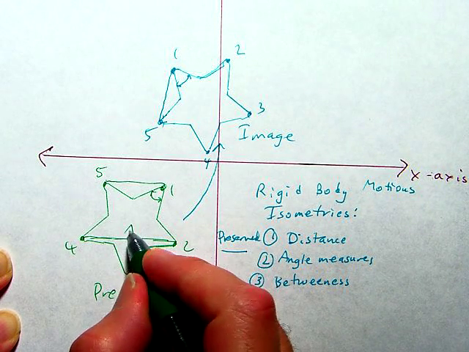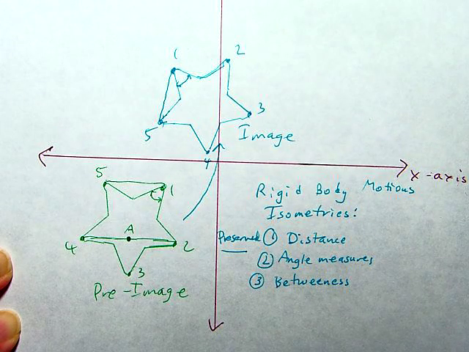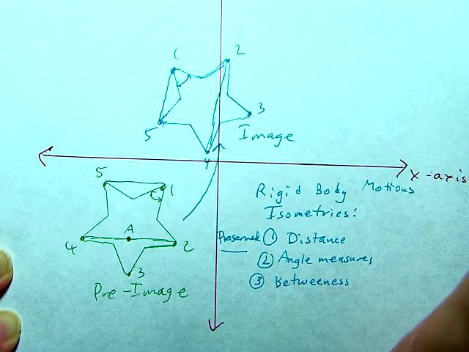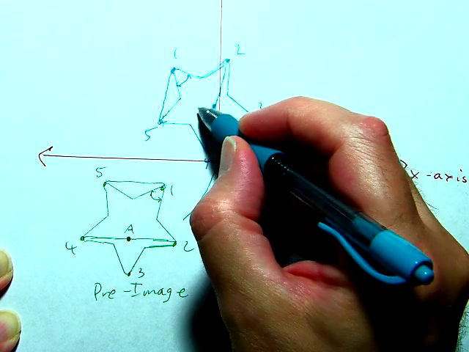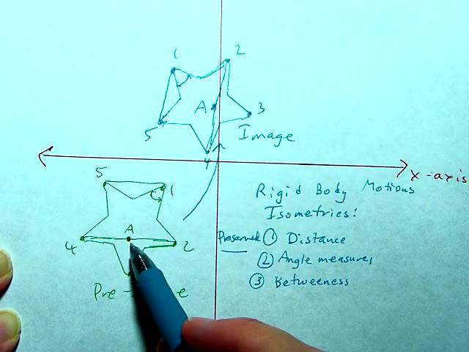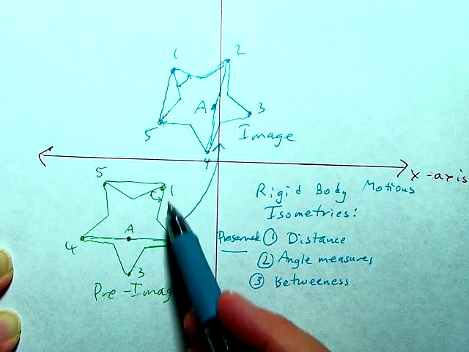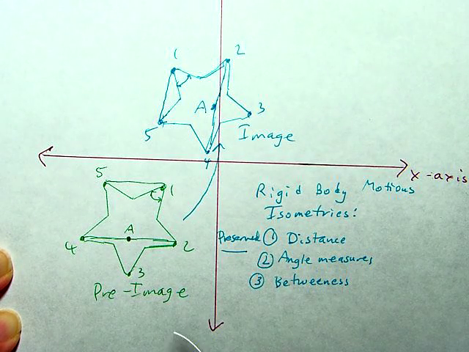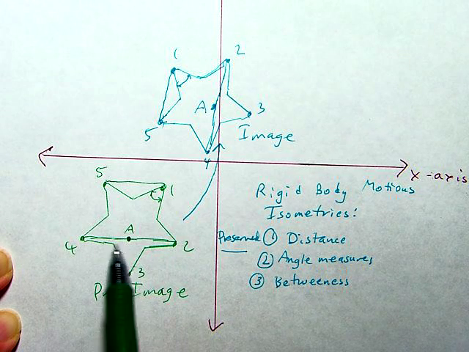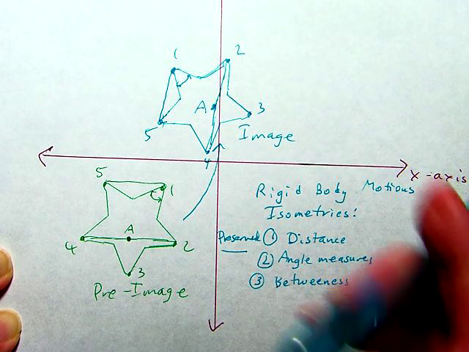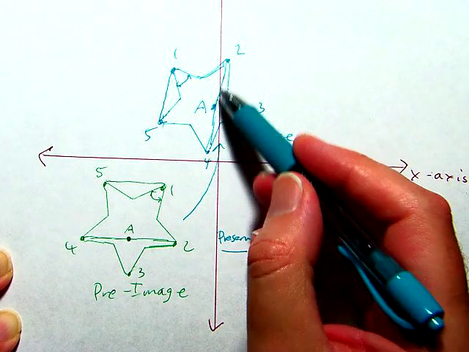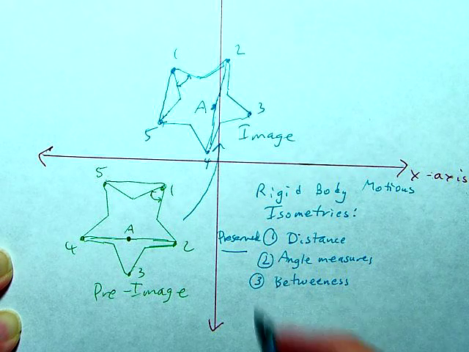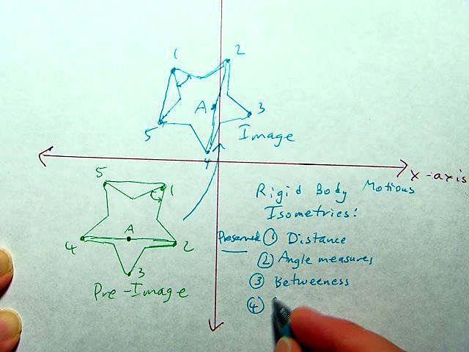Let's call it point A. It will turn out that if we draw the line between 4 and 2 in the image, and we find out where that point A was mapped to because of the transformation, if point A was between 4 and 2 in the pre-image, it will remain between 4 and 2 in the image. So betweenness is conserved.